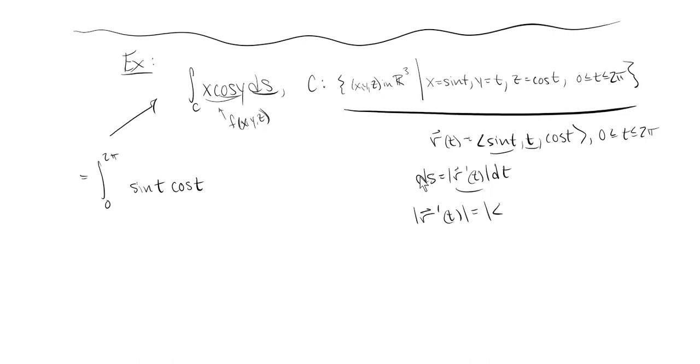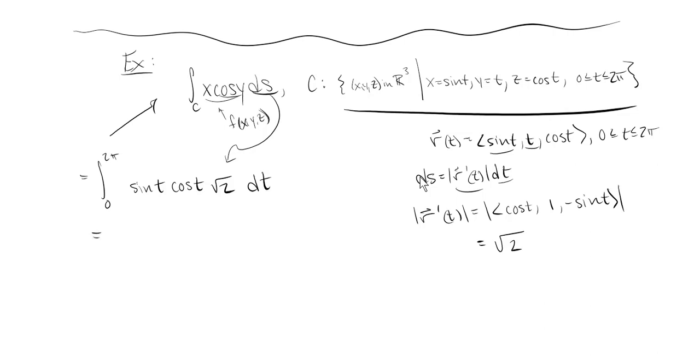The derivative is cosine t, 1, negative sine t. I'll let you check my work, but I think the magnitude of that comes out to be square root of 2. So we're going to put a square root of 2 dt in the place of ds.